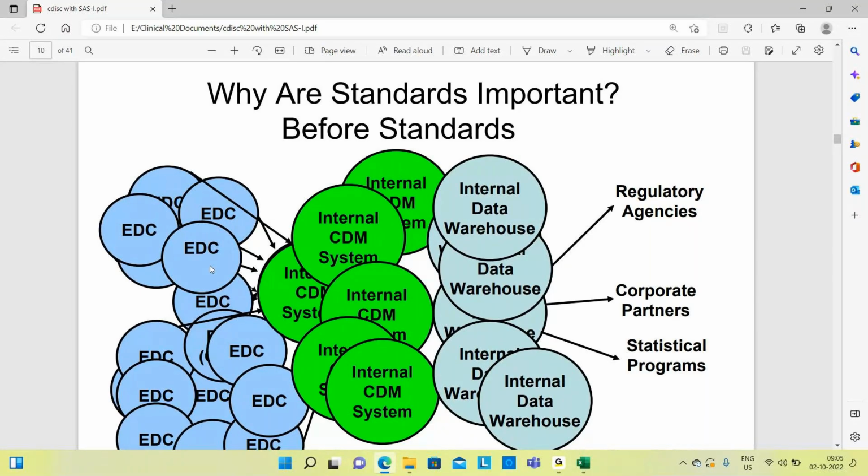It is very difficult to understand which EDC is going to which CDM, so it is always a confusion. Regulatory agencies are looking at one data warehouse, corporate partners at another, and statistical programmers at yet another. It is always a confusion.